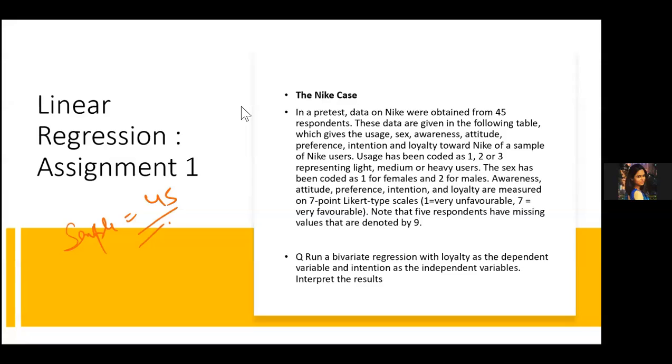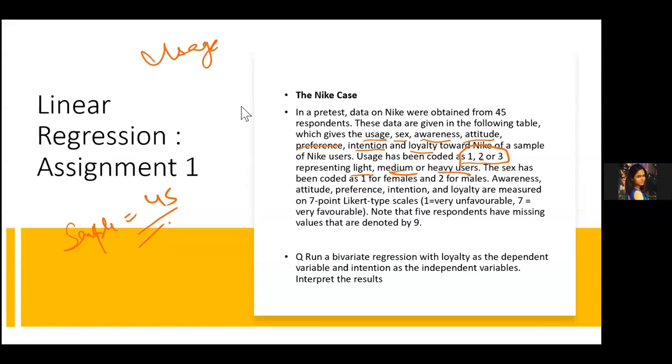From 45 respondents we asked some questions, and we collected data on usage, sex, awareness, attitude, preference, intention, and loyalty. Usage is coded as 1, 2, or 3. Basically 1 means light user, 2 means medium user, 3 means heavy user. Okay, that's usage.